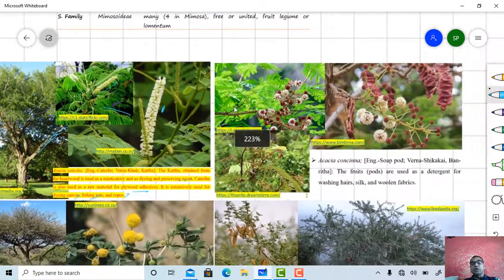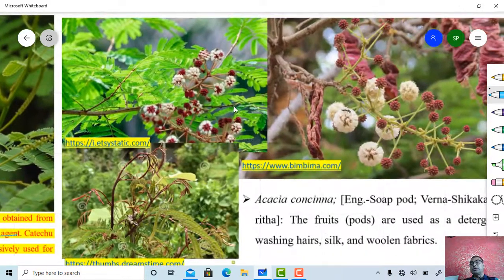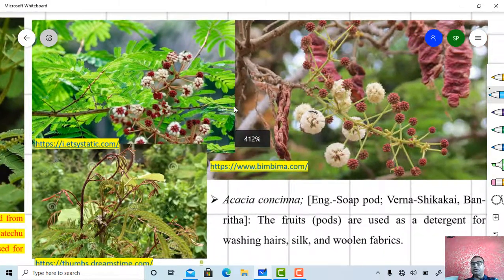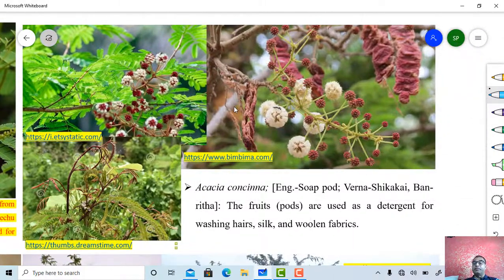Okay, just see this one figure. You might have seen this one plant. So this one is Acacia concinna, shikekai, or this one is also called Bernrita. So this is a twig from the Acacia concinna.